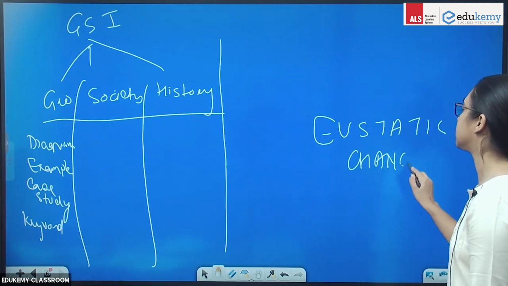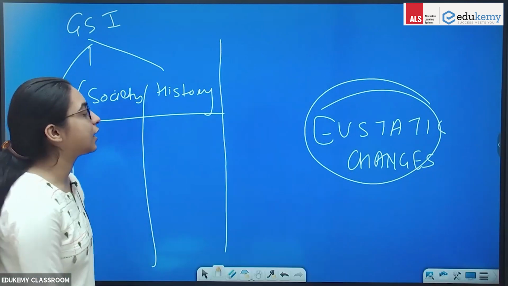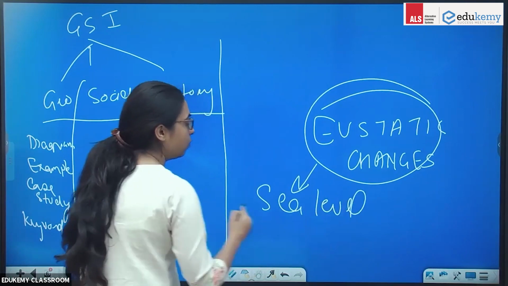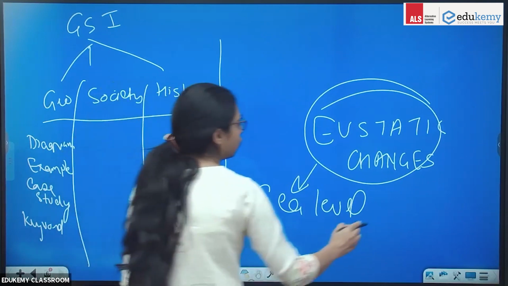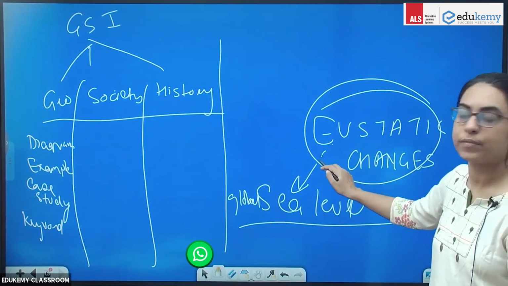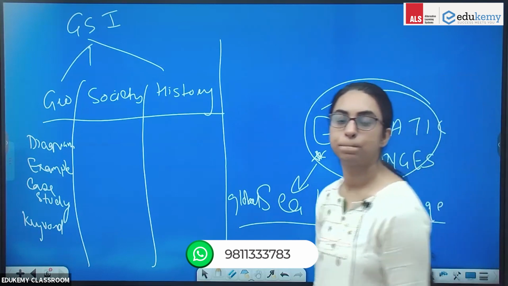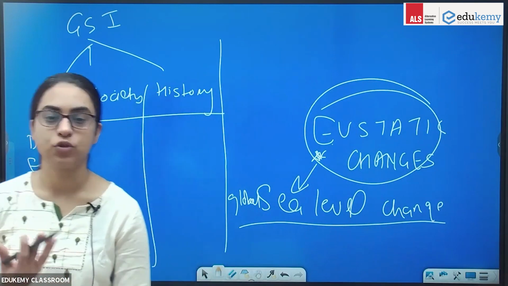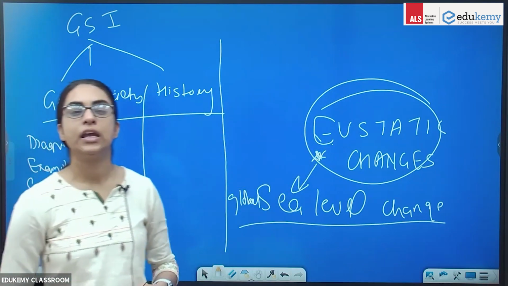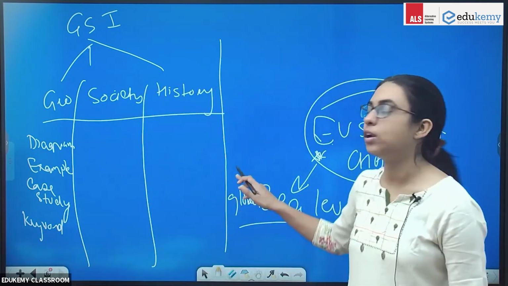Eustatic changes means global sea level change. Now, tell me in which subject this word can come. It will come in geography, right? Because in geography only we say sea level changes, global warming, climate change. Generally not in history and society.